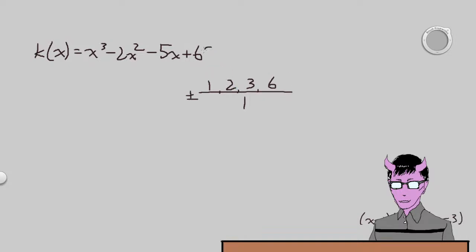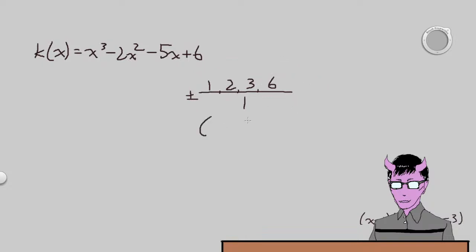So if this had been like a 60 right here, and this had been like a 40, then that's a lot of number combinations. A lot of number candidates to try out, which is, honestly, no one's going to give you a problem like this. And if they do, well, just use the software, honestly. But this is what we have for this particular problem.